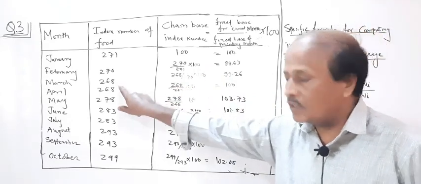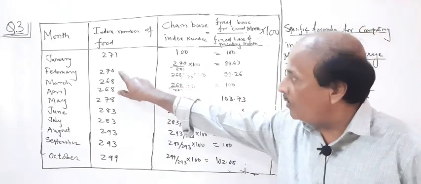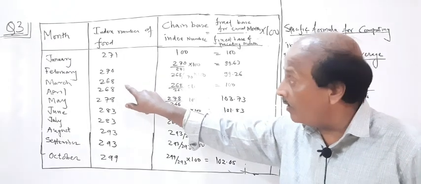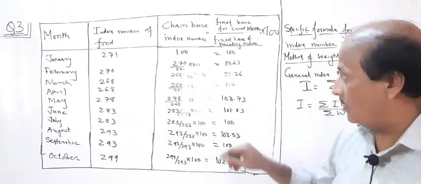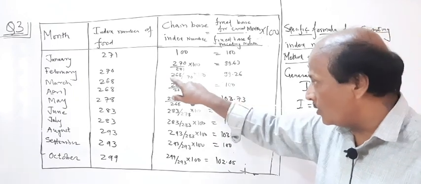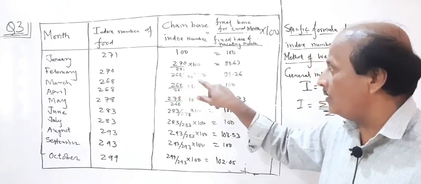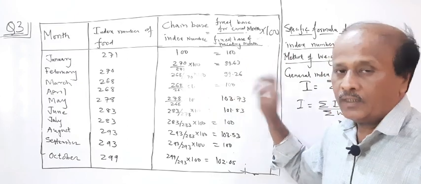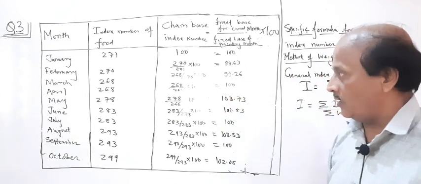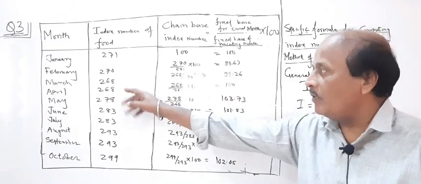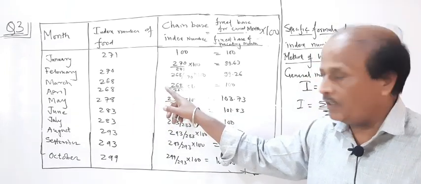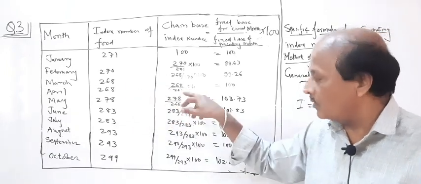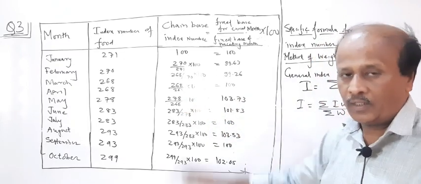Then 268 is the current month's value and 270 is the previous month, so 268 divided by 270 multiplied by 100 comes to around 99.26. Now here there is no problem, both values are the same: current value 268, preceding value 268, multiplied by 100, so 100 will come.